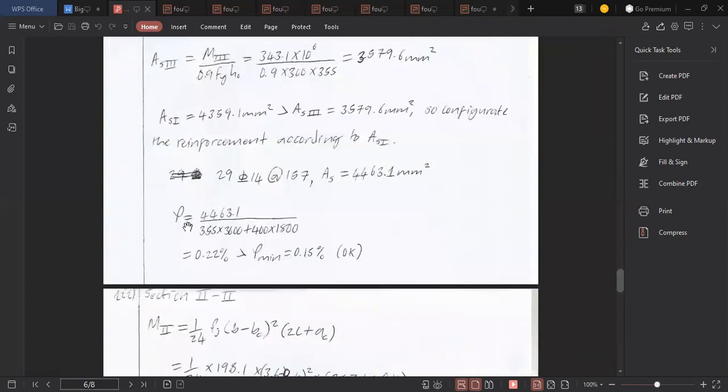So the formula: rho is equal to the value you've chosen for your AS according to your design, divided by the effective height, 355, times the distance, which is 3,600 plus 400 times 1,800.